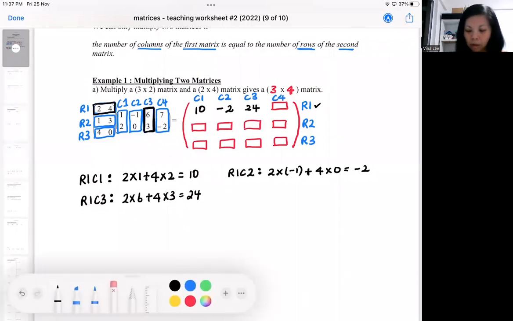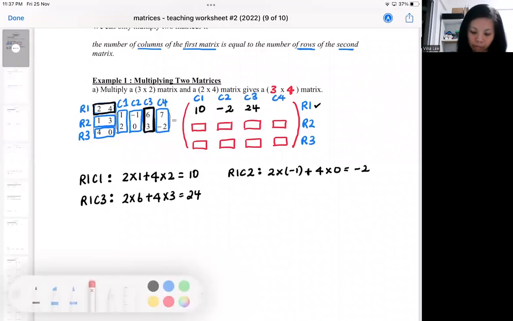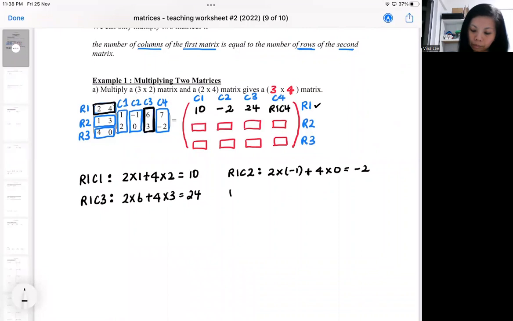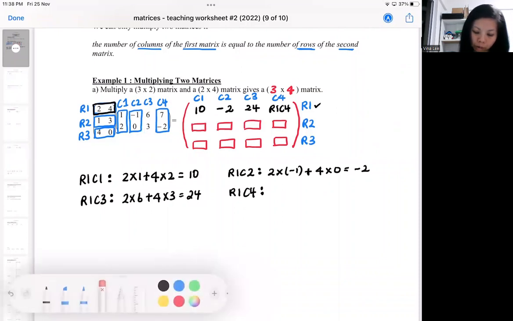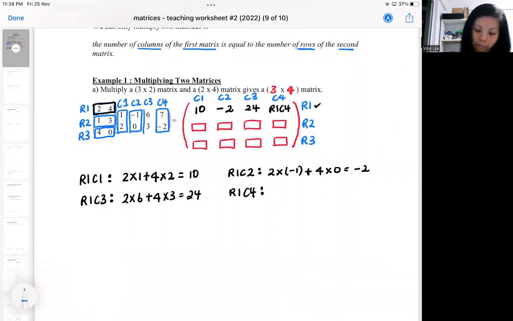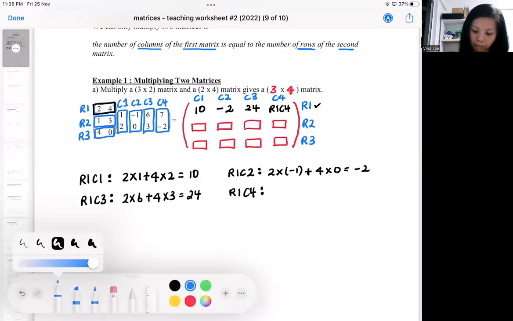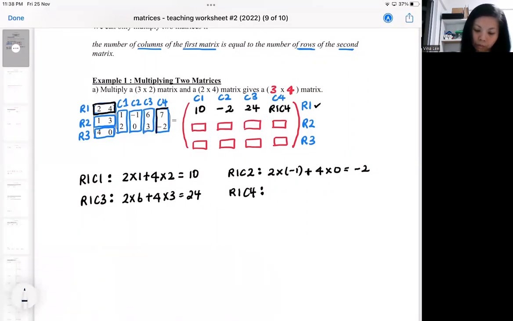Then we go on to R1C4. Now change the column. First number times the first number. I'm still using the same row, I have not changed.